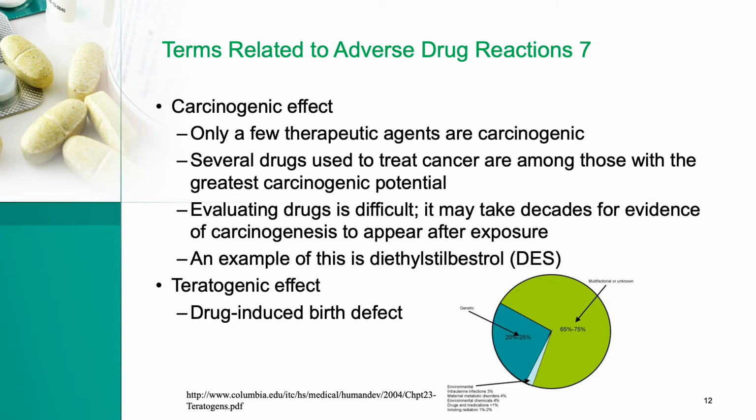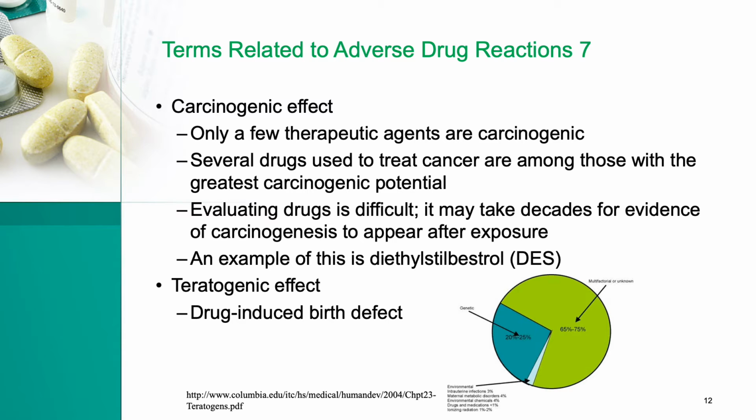An example of this is diethylstilbestrol, DES, which is a synthetic estrogen that was developed to supplement a woman's natural estrogen production. It was first prescribed by physicians in 1938 for women who experienced miscarriages or premature deliveries.